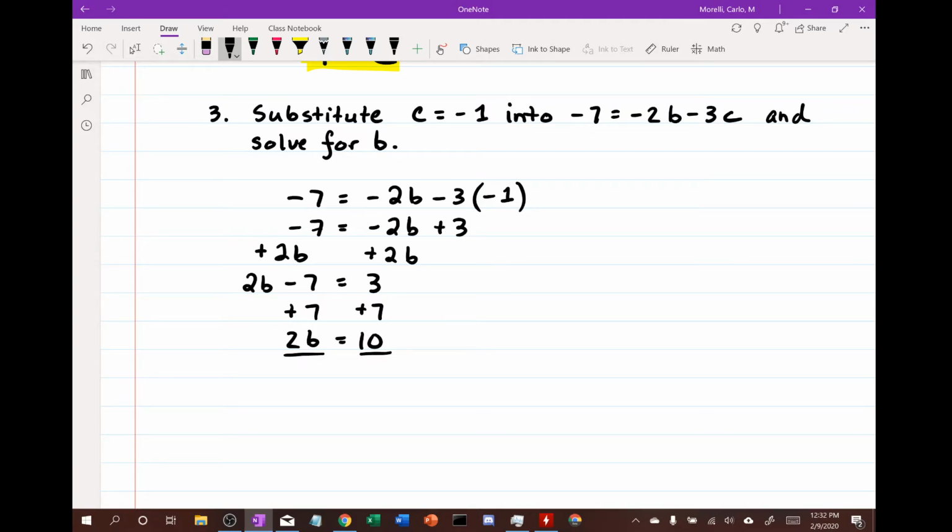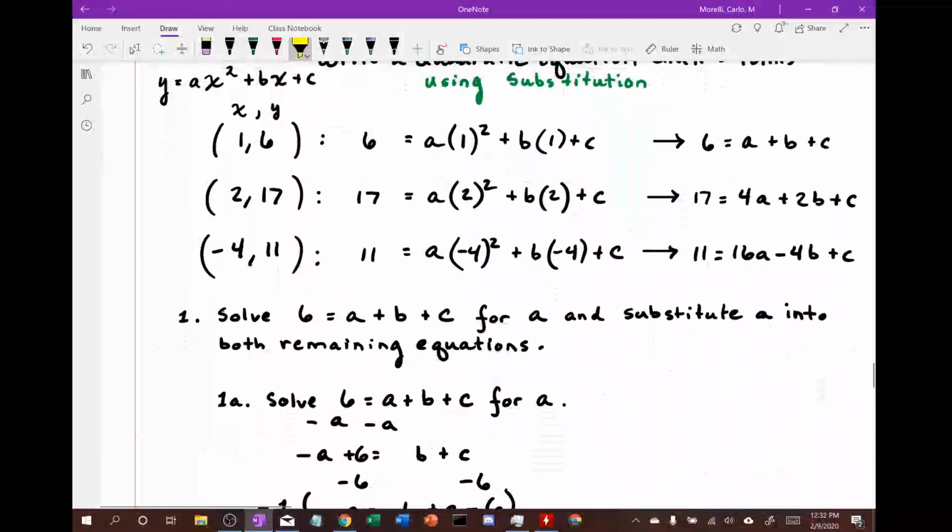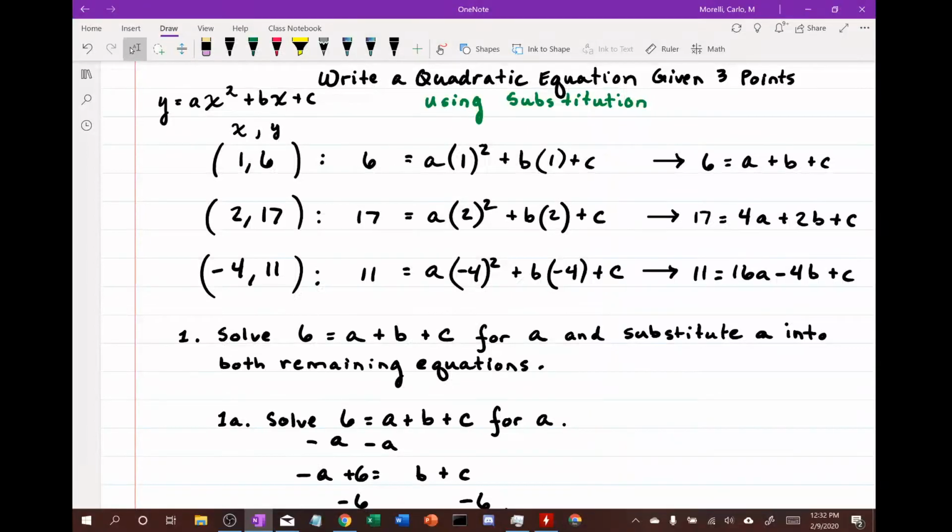And then I will divide both sides by 2 and get b equals 5. And now I can substitute b equals 5 and c equals -1 back into my original equation, 6 equals a plus b plus c.